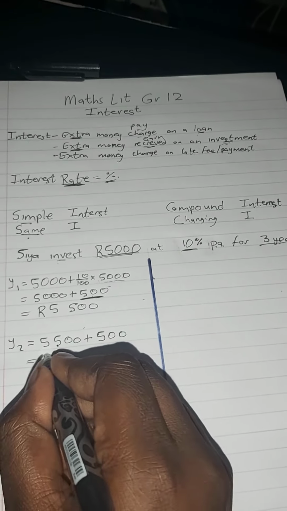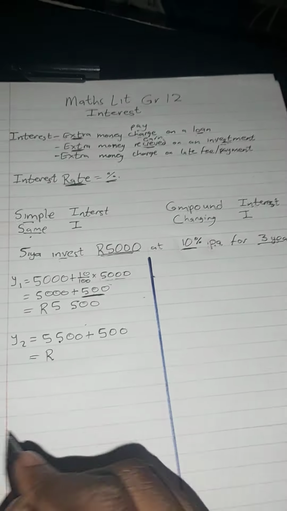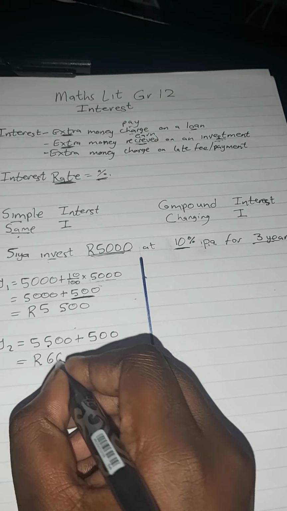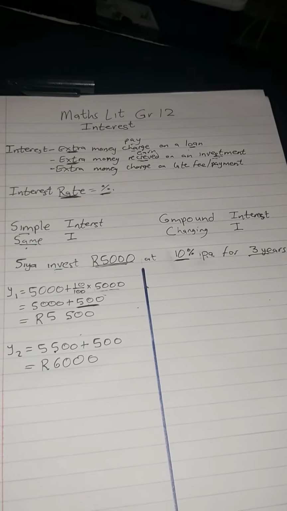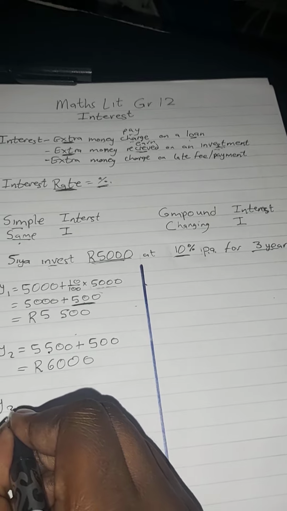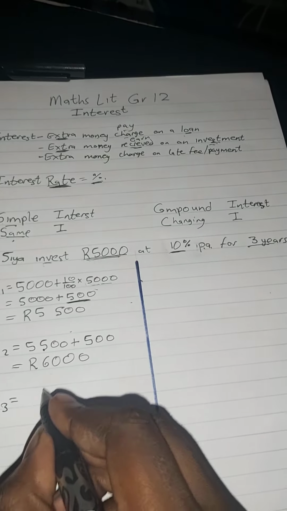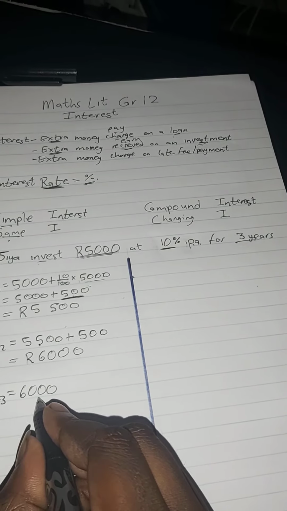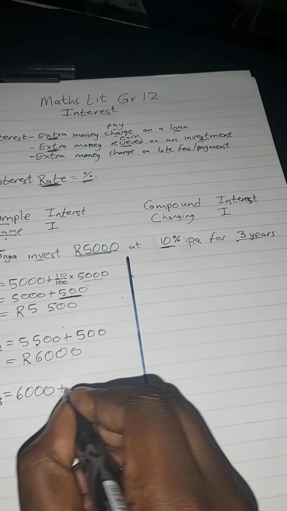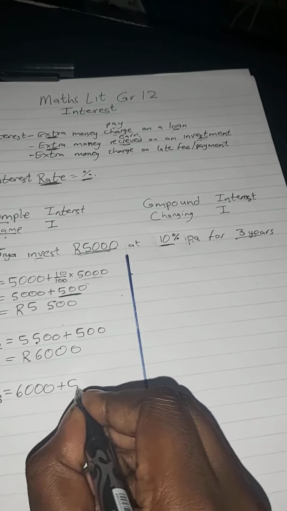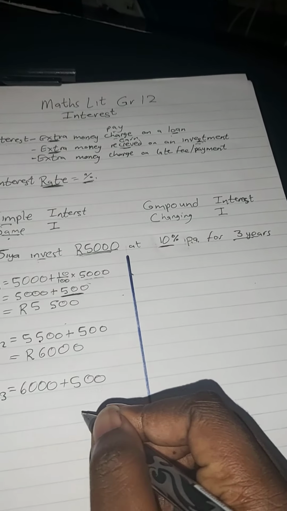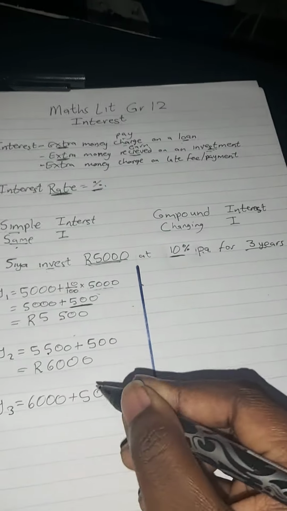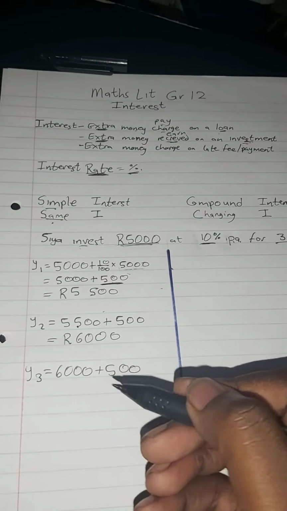So which means now at the end of year two, 5,500 plus 500, it's going to give you 6,000 rands. And then year three, we have 6,000 rands plus the same interest amount, because 10% of 5,000 will always give you 500.